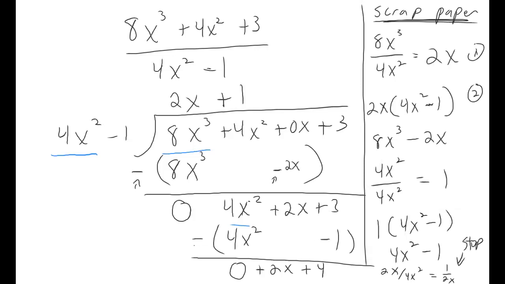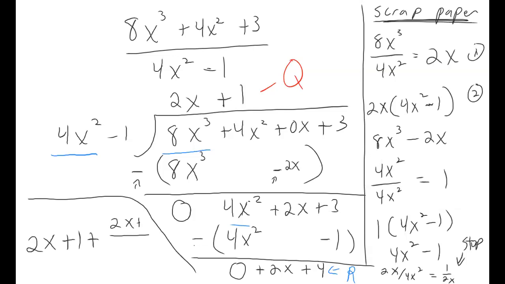So my final answer is I take everything I have up top, which is called my quotient, Q. So this is 2x plus 1. This piece that is left down here is called my remainder. So I then add my remainder of 2x plus 4 all over my denominator, D, 4x squared minus 1.